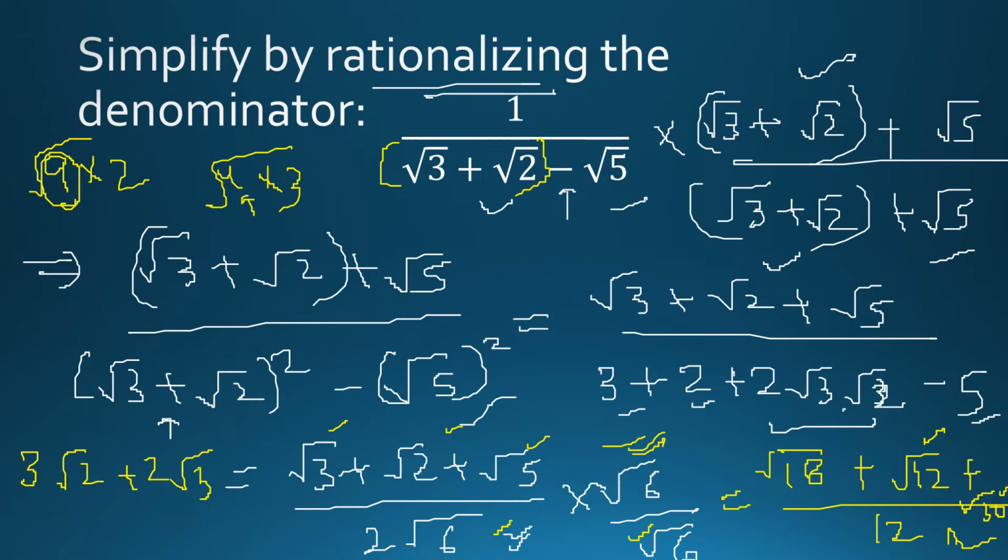Then we have 30. 30 is 6 fives. Now it cannot be solved further because we don't have pairs anymore. So it will be as it is, divided by 12. I hope you got this clearly, and if so, then let's move on to the next question.